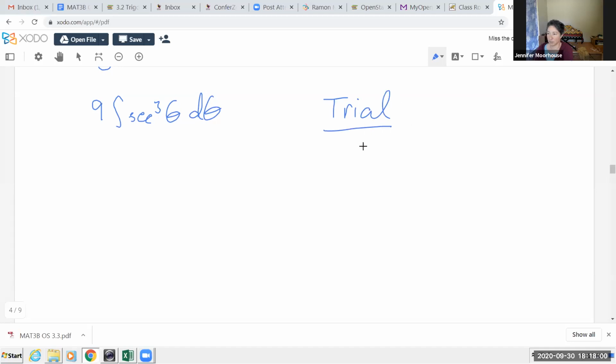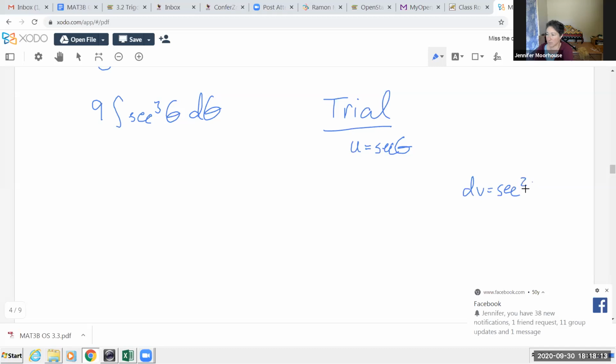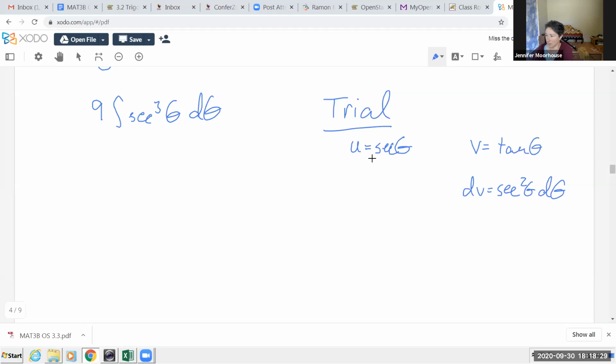We're going to try u equals secant theta, and dv is secant squared theta d theta. So v is tangent theta, and du is secant theta tan theta d theta.